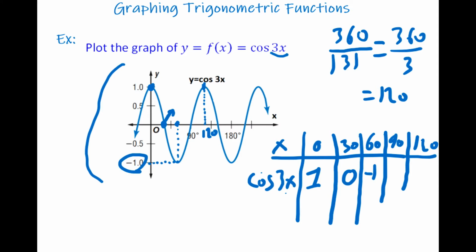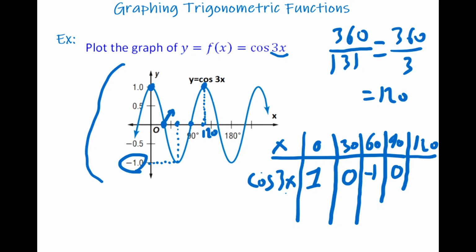And when x is 90 degrees, 90 times 3 is going to be 270. So cosine 270 is going to be 0, guys, again. So we have 0 here. And as you can see, it passes through the point 0. And when x is 120 degrees, then 3 times 120 is 360 degrees. So cosine 360 is plus 1, guys. And as you can see, this is x equal to 120 or cosine 360.